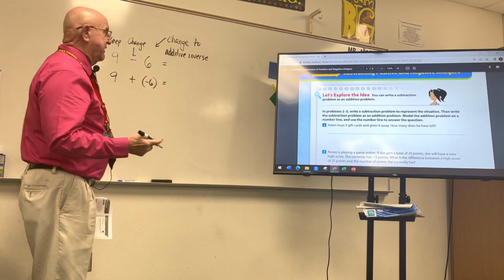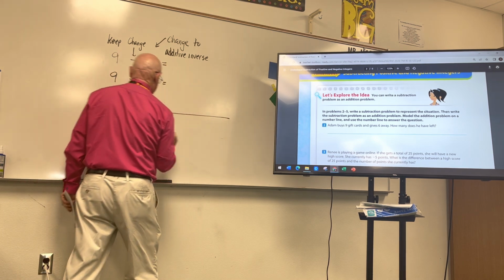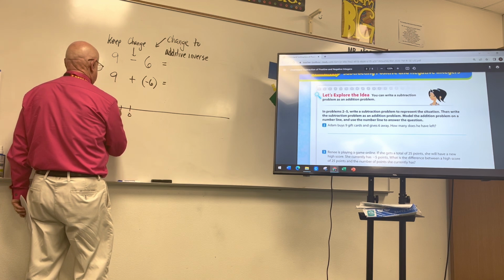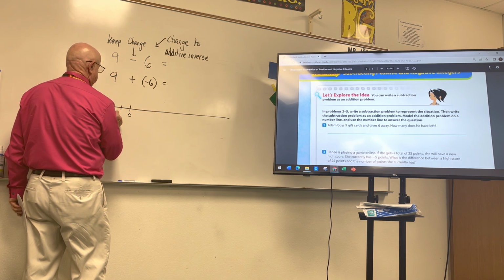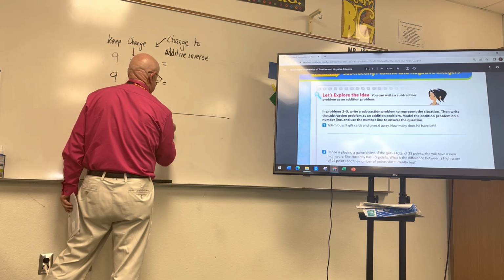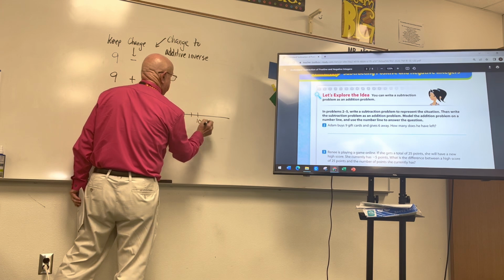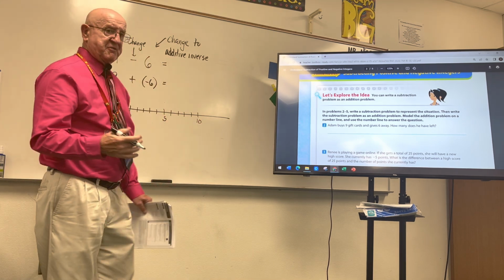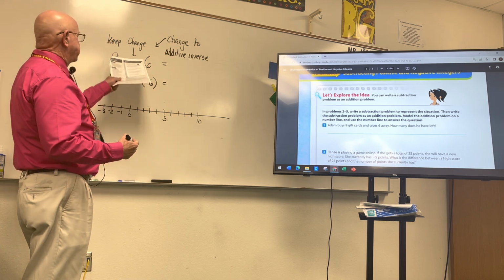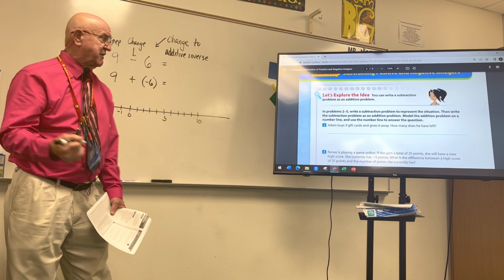And the way we can see that is to look at a number line. Draw the number line. We're going to put a 0, then -3, -2, -1, 1, 2, 3, 4, 5, 6, 7, 8, 9, 10. So if I want to do 9 minus 6, that means I have 9, and I'm going to take away a +6.